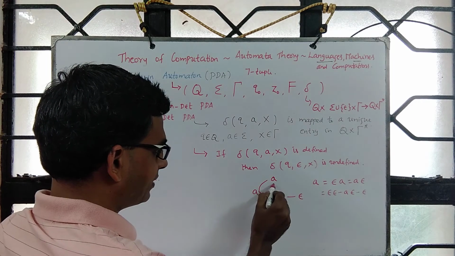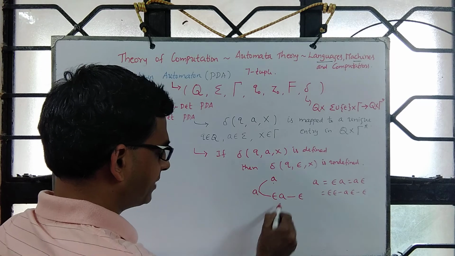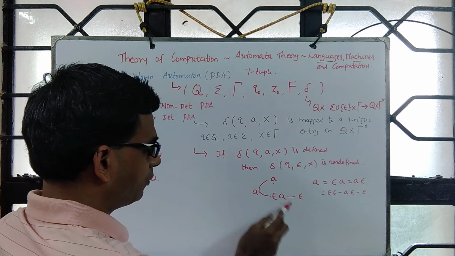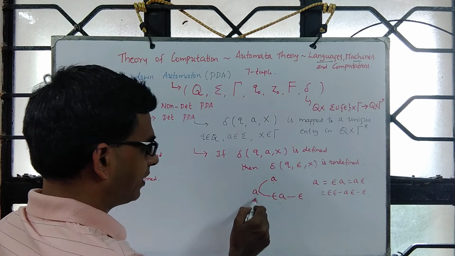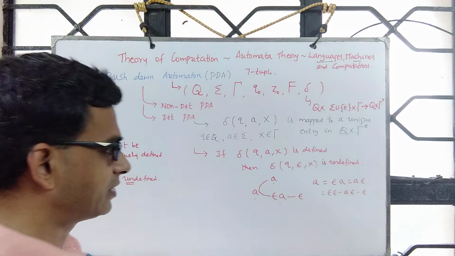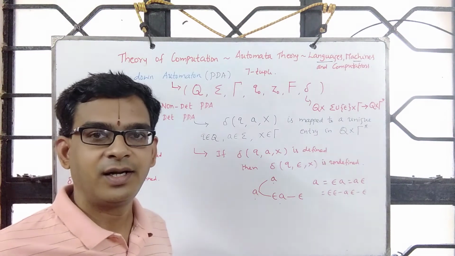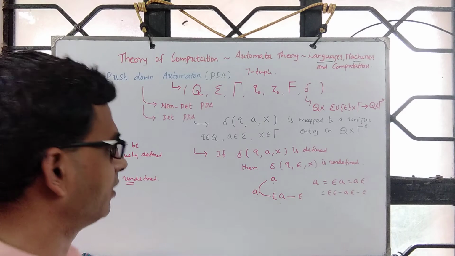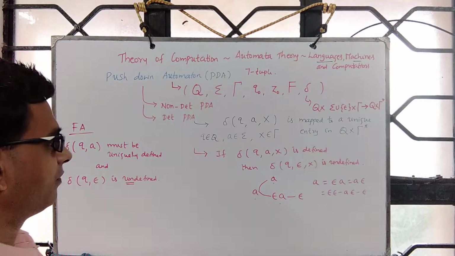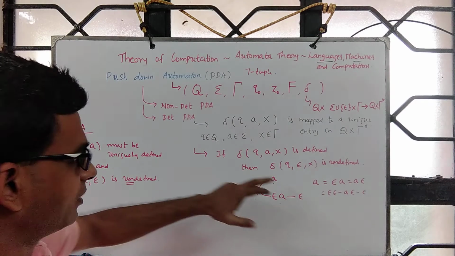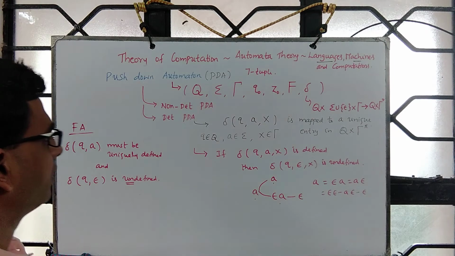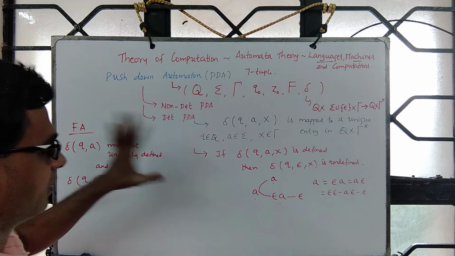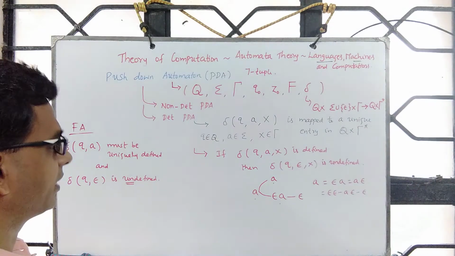Should I see A as A, or should I see A as epsilon A? So there are two possibilities when you look at the symbol. That brings uncertainty, and that uncertainty brings non-determinism. Fine. So if this is defined, then this must be undefined. So this is precisely the definition for a deterministic PDA.